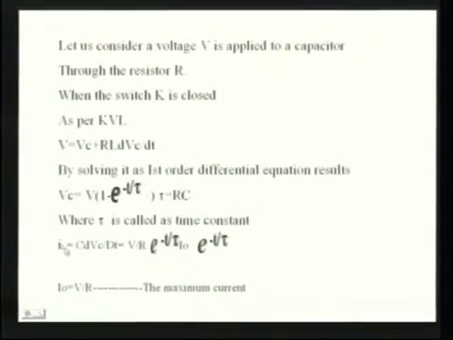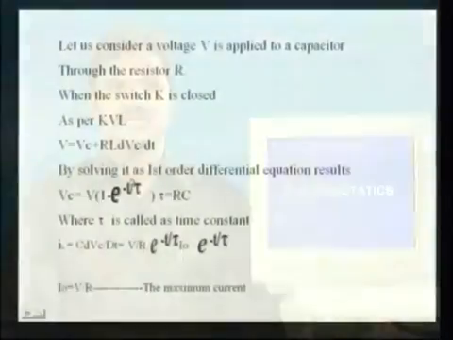Then the line current IL equals C dVc by dt, that equals V by R into e power minus t by tau, that equals I naught into e power minus t by tau, where I naught equals V by R. This is the maximum current.